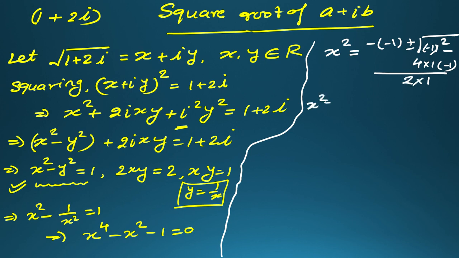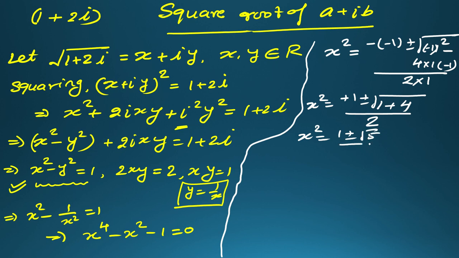So x square is equal to minus of minus, so plus 1, plus minus under root, minus square will be plus 1 and plus 4, divided by 2. Means x square will be equal to 1 plus minus under root 5 by 2. So it means 1 plus under root 5 by 2. You will not consider the minus sign here.